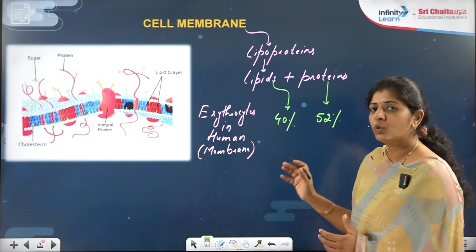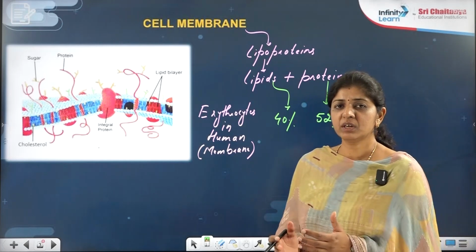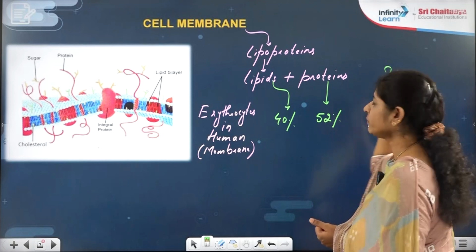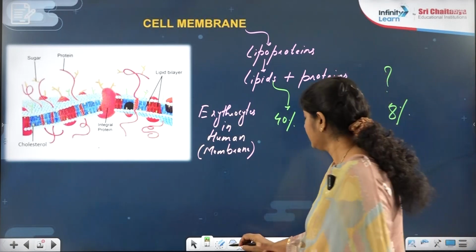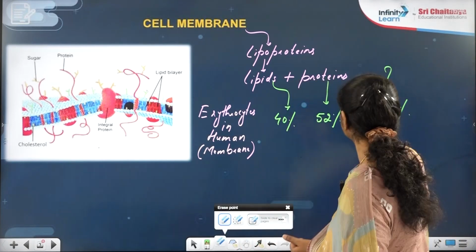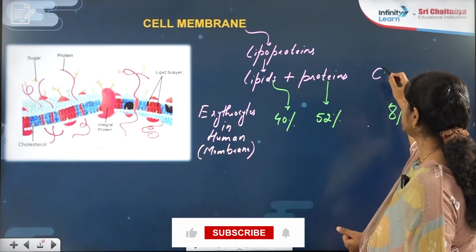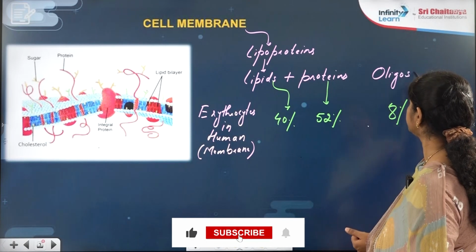Now if you take a total, it comes out to be 92%. What about the rest of the 8%? What will be that rest of the 8%? That will include the carbohydrates which are oligosaccharides.